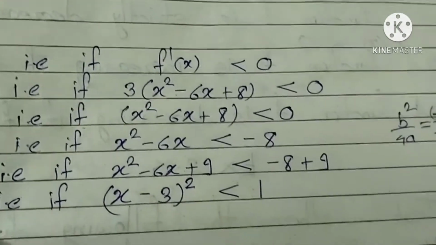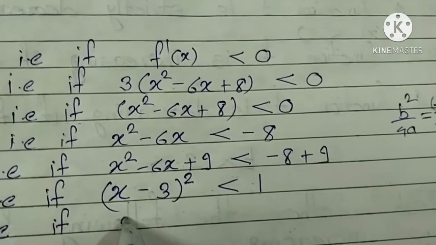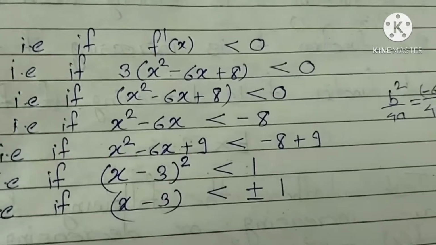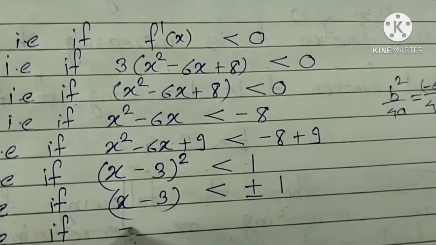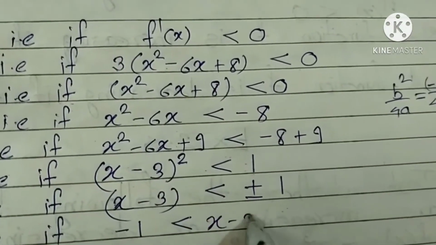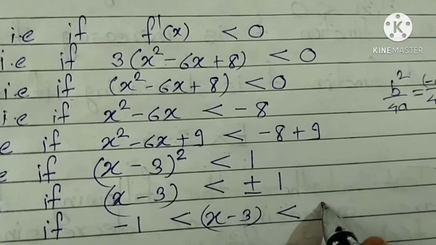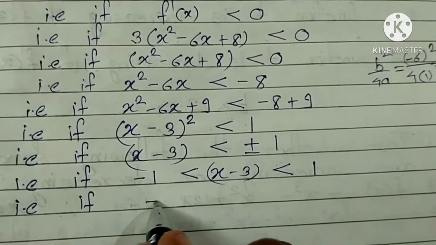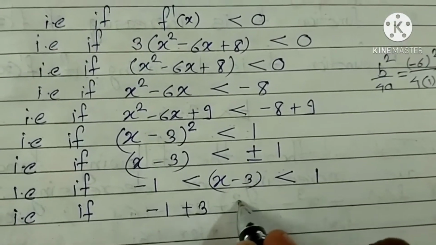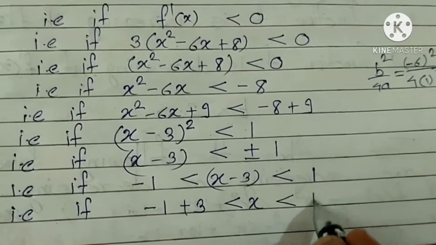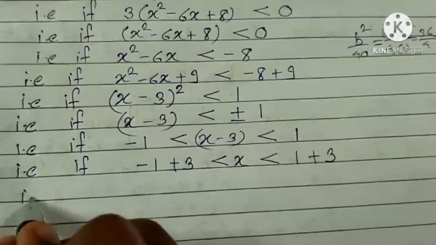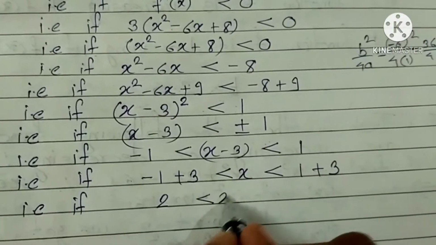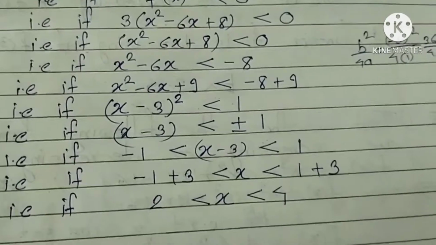Now take the square root. That is, if x minus 3 is strictly less than plus or minus 1, that is, if minus 1 is less than x minus 3 is less than plus 1. That is, if minus 1 plus 3 is less than x, strictly less than 1 plus 3. That is, if 2 is strictly less than x, less than 4.